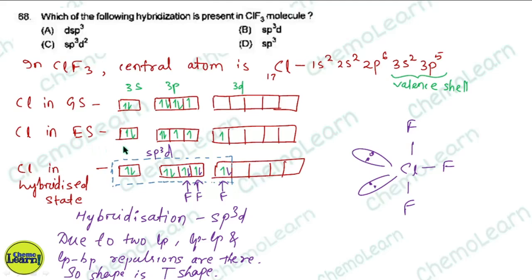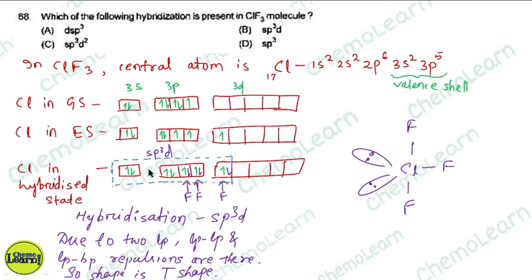So chlorine's excited state electronic configuration is 3s2 3p4 3d1. Here one 3s orbital, three 3p orbitals and one 3d orbital together constitute sp3d hybridization. So the fluorine atoms will donate their electron pairs and make bonds with these hybridized orbitals.